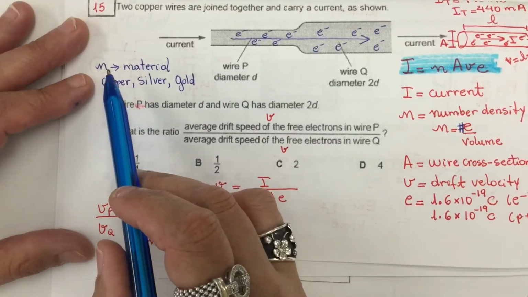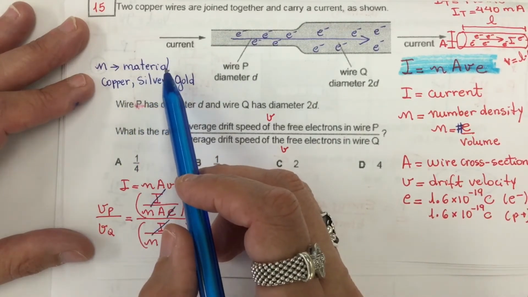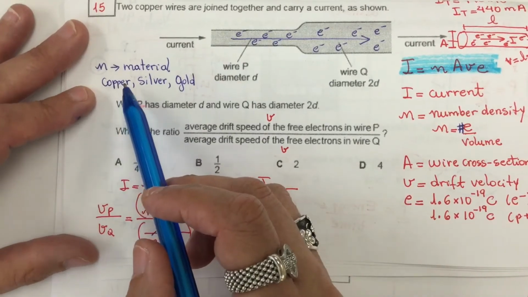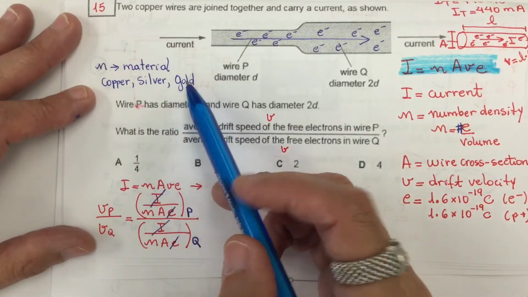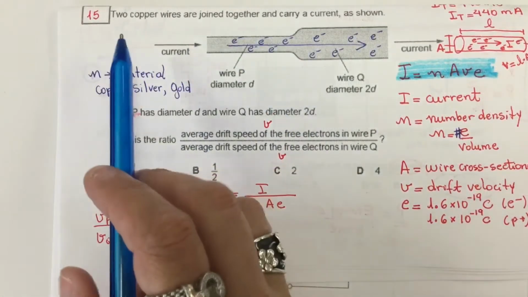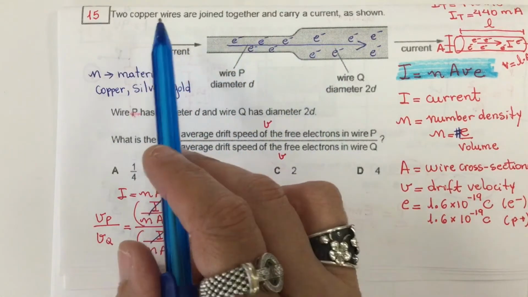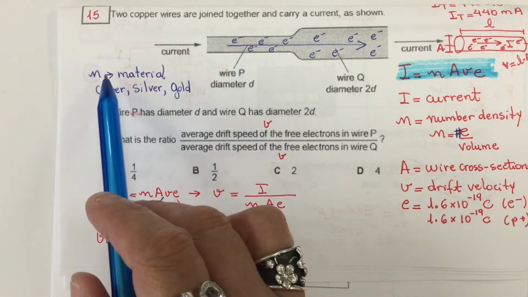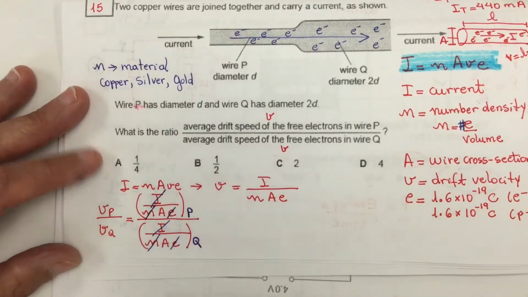Now, n, which is the number density, is more related to the type of material. So we have a specific number density for copper, for silver, for gold, and different types of metal. Now here the problem states that those two wires are copper wire. So they have the same material, the same n. For this reason, we can cancel n as well.